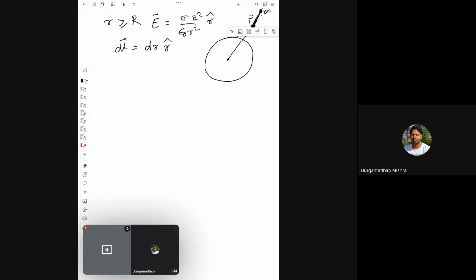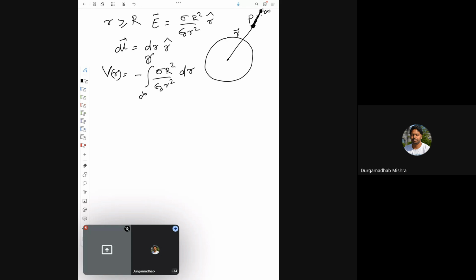Because of the symmetry, the length element will be radial. If you substitute all this in the equation, it will be minus the integral from infinity to r of sigma R squared by epsilon naught r squared. E dot dl, both in the same direction.